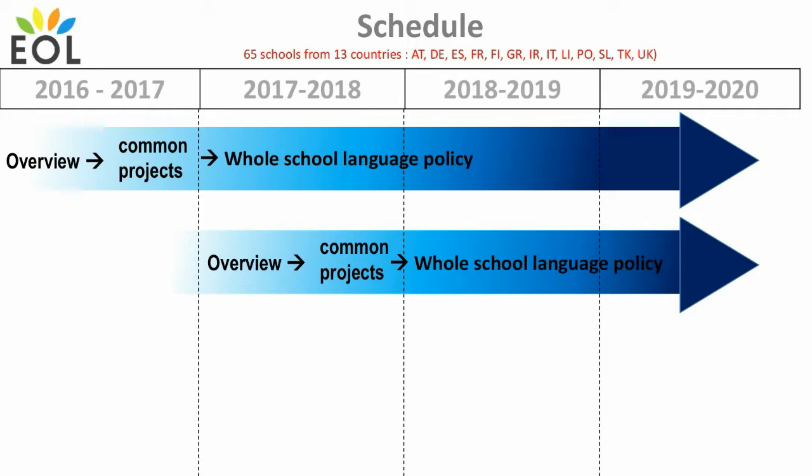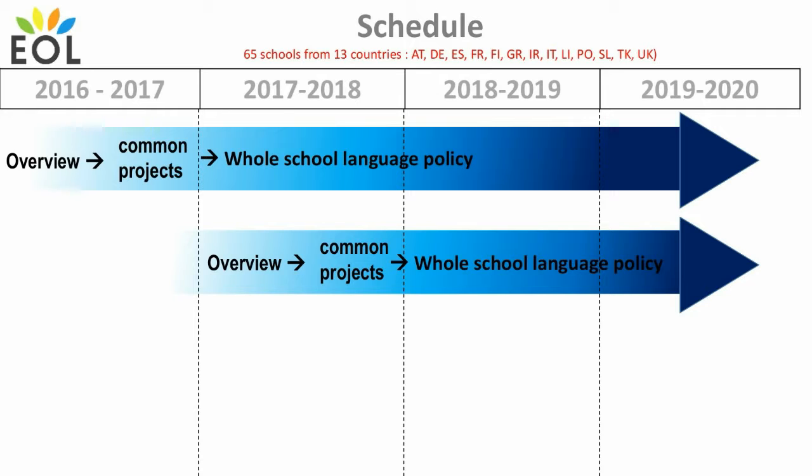The first point when you start to work on EOL is to get an overview of all the projects you have in your school by using the plan. Then it is to get some common projects, to finally have a whole school language policy.